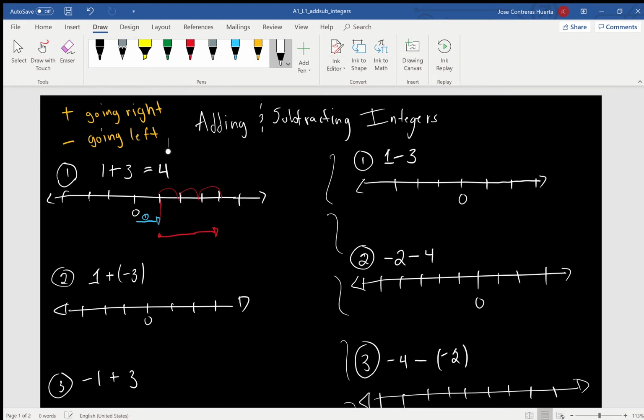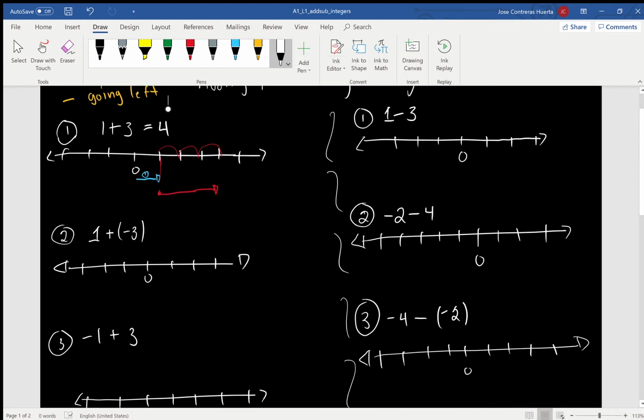This is pretty straightforward, but it starts getting a little bit more difficult once we introduce negative numbers. So now let's say that the positive 3 is no longer positive, but negative, for number 2. We still start with the 1, which is positive. So at 0, I move 1 to the right, because 1 is positive. Now, starting from where I ended, am I going to go to the left or to the right?